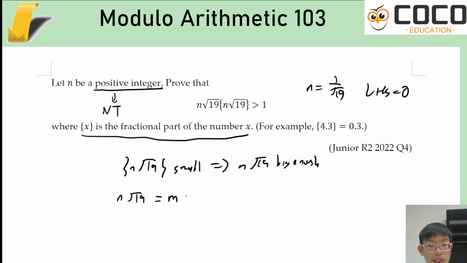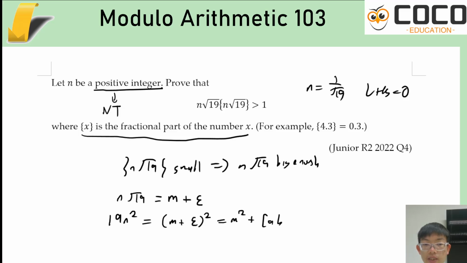So I'll just call it m plus epsilon, where epsilon is then going to be something small. How small the epsilon can be sort of depends on if I now square this. Which is just m squared plus a bit. Because epsilon, again, you want it to be very small and discover what happens.